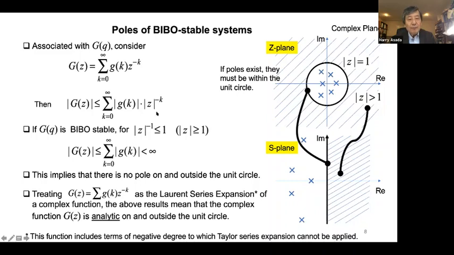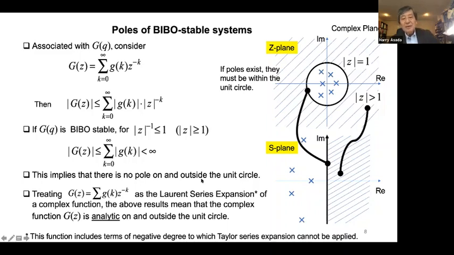So, yeah, if BIBO stable, this L1, or I would say this absolute summation, is basically bounded. So what this means is that there is no pole on or outside the unit circle.